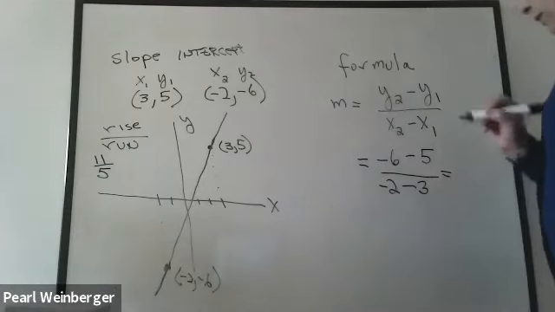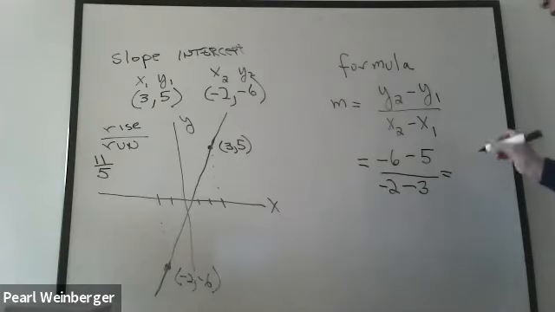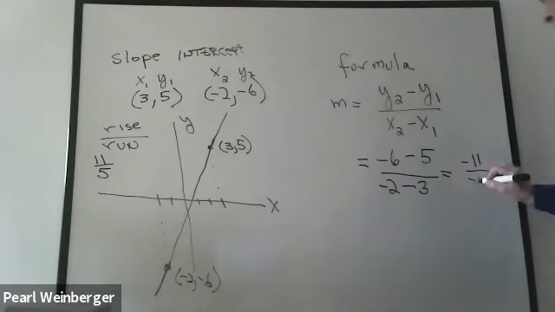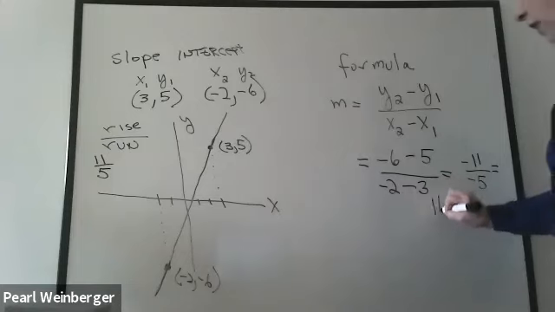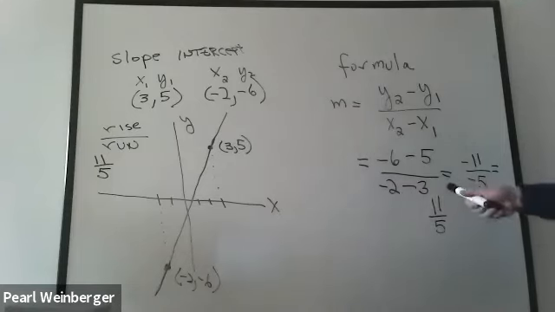And now I just have to do the arithmetic. -6 minus 5 is -11. -2 minus 3 is -5. Once I have a negative over negative, I simplify it to a positive. Negative divided by negative is positive. And again, my slope comes out to be 11/5.